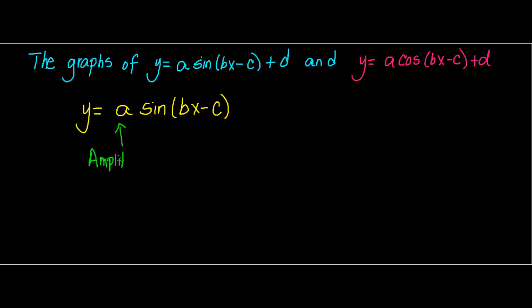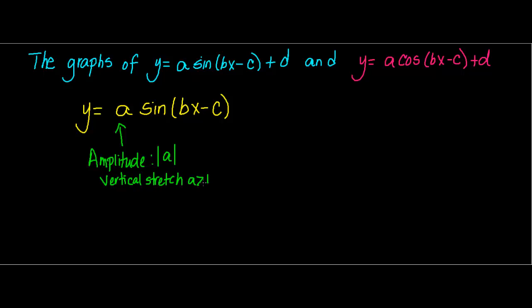The amplitude will be defined as the absolute value of A. And what the amplitude does is it tells you the maximum and the minimum value of the function. And you'll see it on the graph as a vertical stretch.